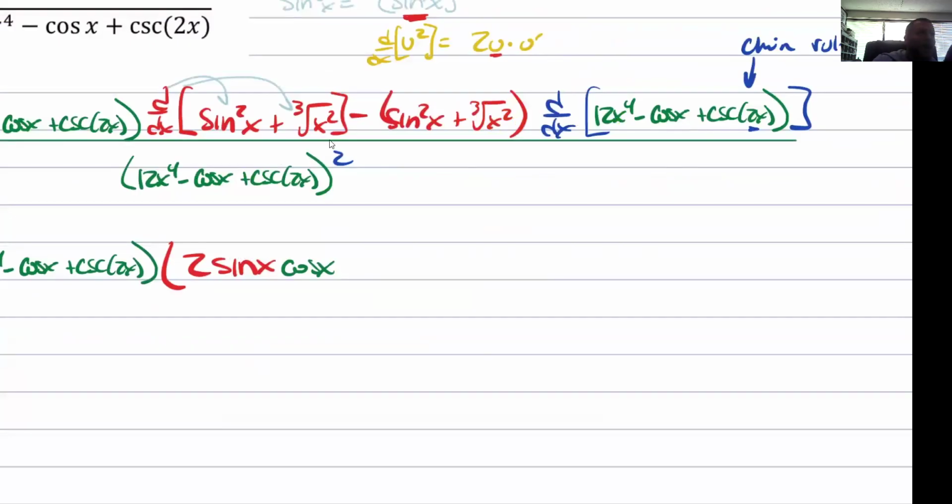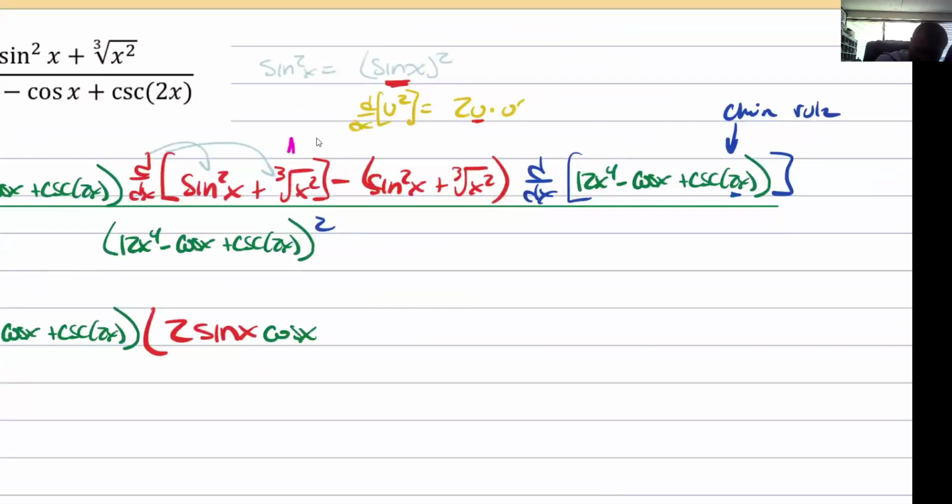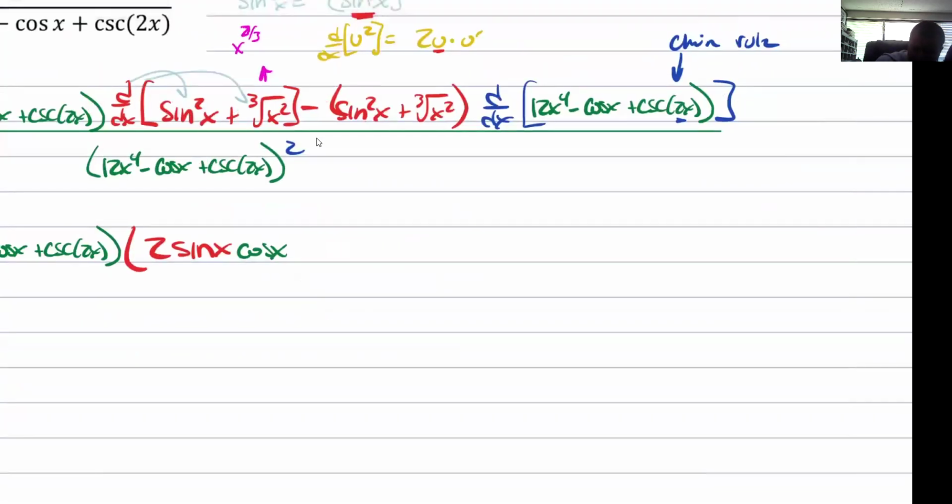Derivative of cube root of x squared: if you got to write that as an x to the 2/3, by all means, go for it. You're going to end up with, whoops, not a plus, you're going to get a plus 2/3 cube root of x when you do that, if you do it properly, or 2/3 x to the negative 1/3 power, whatever makes you happiest.